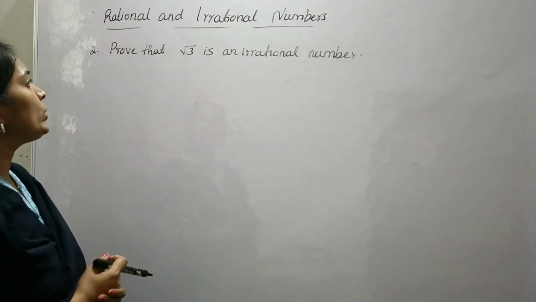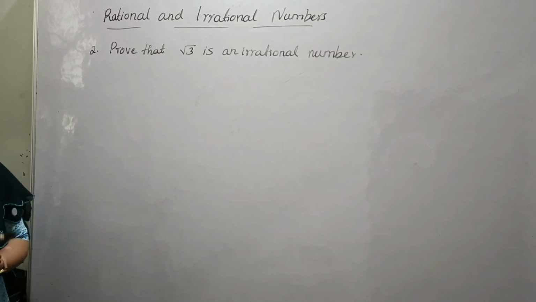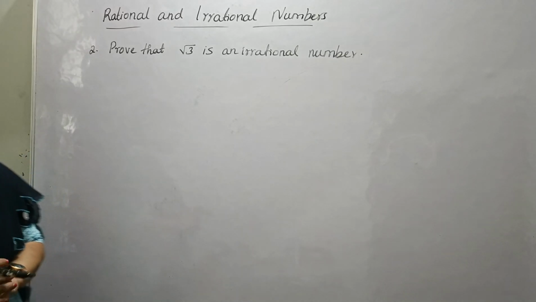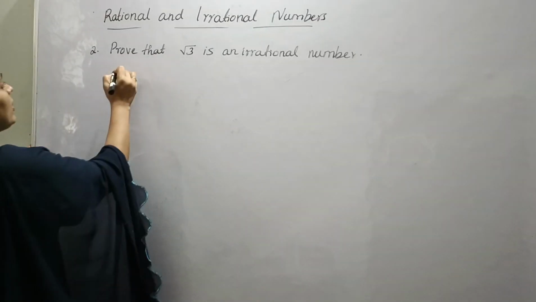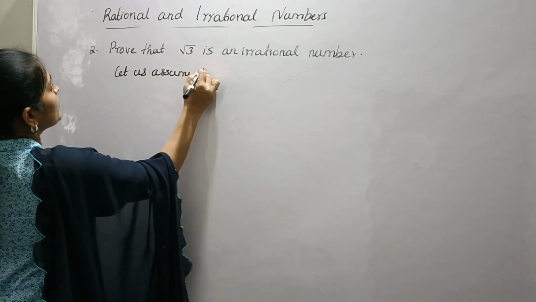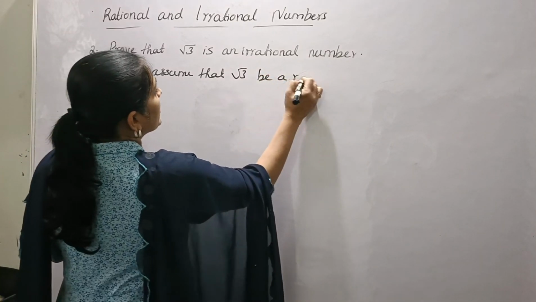Next one, prove that root 3 is an irrational number. We know that root 2 is an irrational number. In the same method, we can prove root 3 is an irrational number, by the method of contradiction. So here also, first of all, let's assume that root 3 is a rational number.